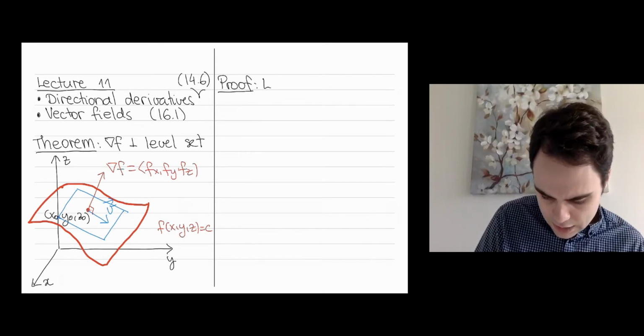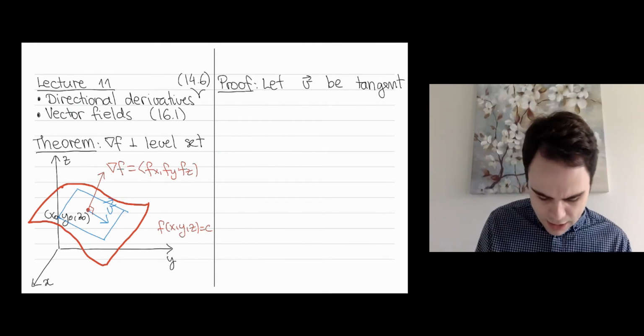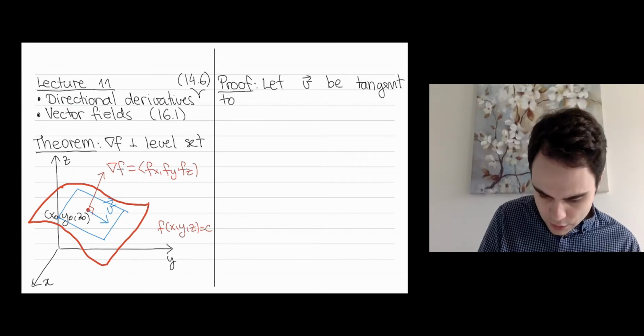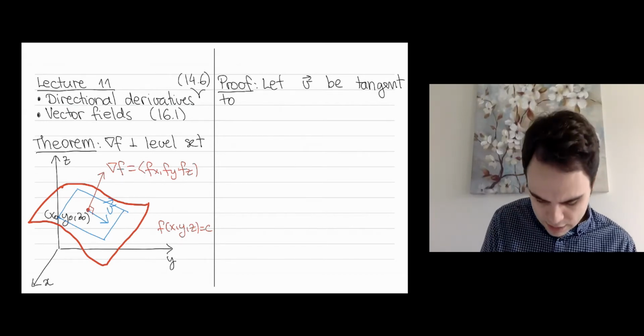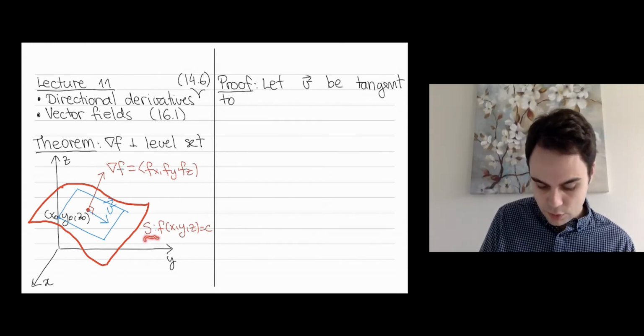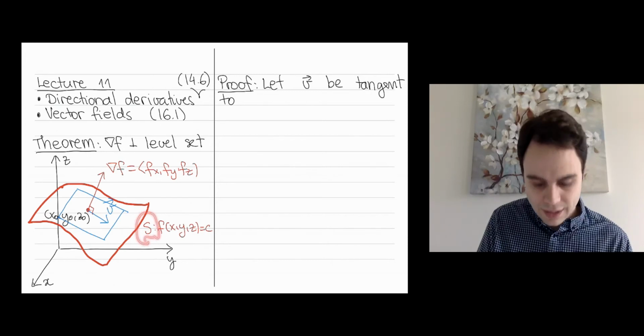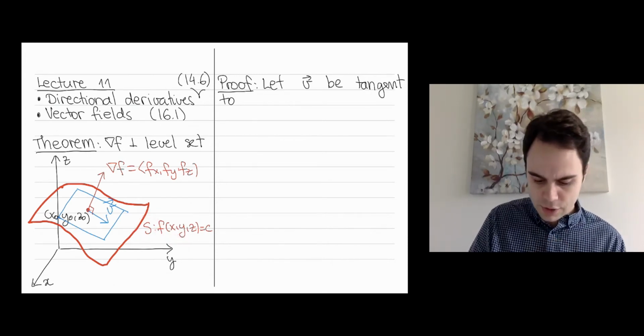So let v be tangent. It's a vector, as you can tell by the notation. Let v be tangent to the level surface, which I'll call S. I'll introduce this notation on the picture over here. So S is my notation for this level surface.